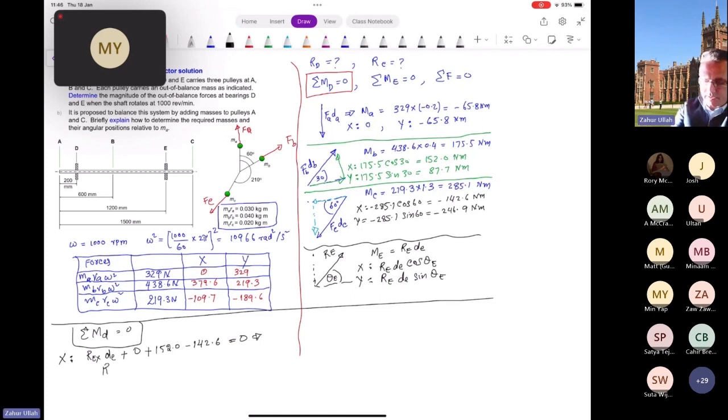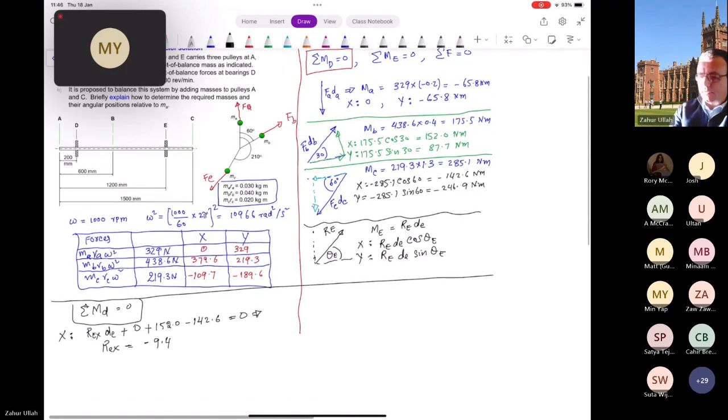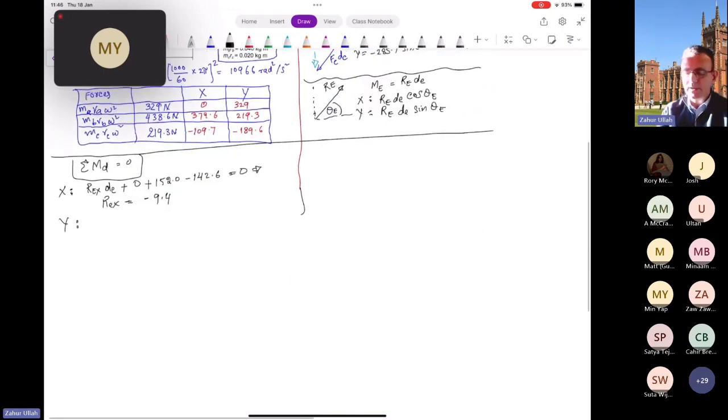You can say REX will be equal to minus 9.4. So you calculate REX, and let's use the y components now. Add all the y components.